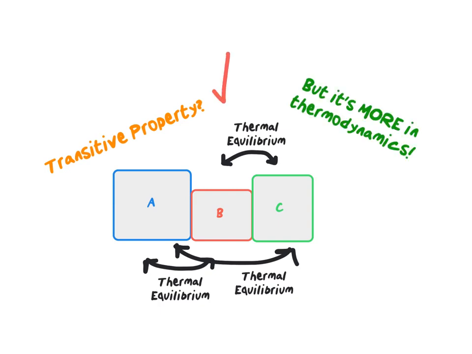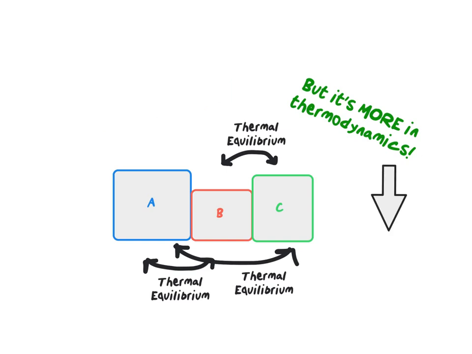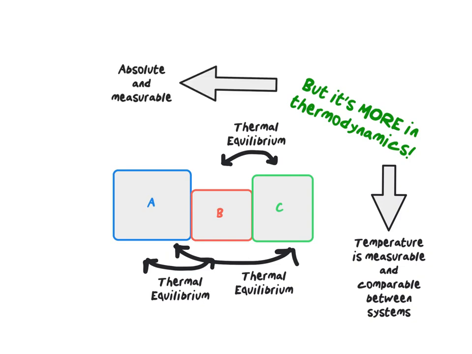But in thermodynamics, it actually indirectly supplies us with a very important idea. And that is that temperature is something measurable between different systems. It is something that can be measured absolutely between these 3 different systems.